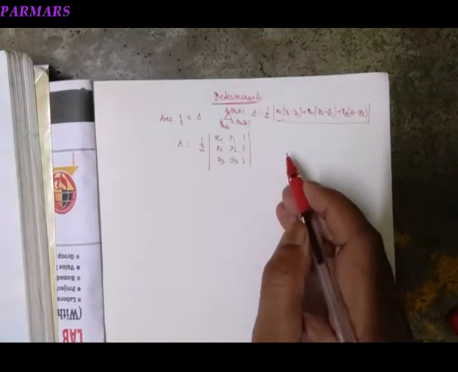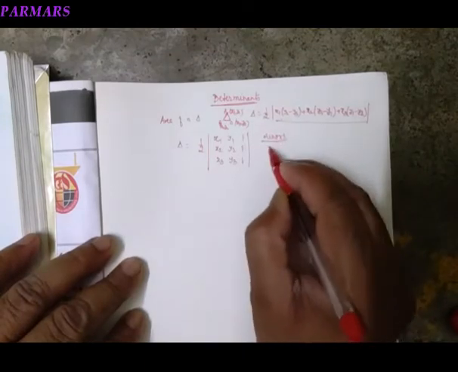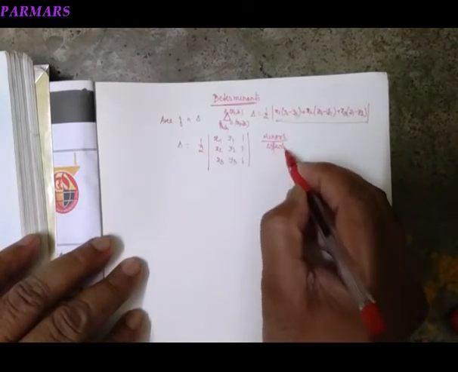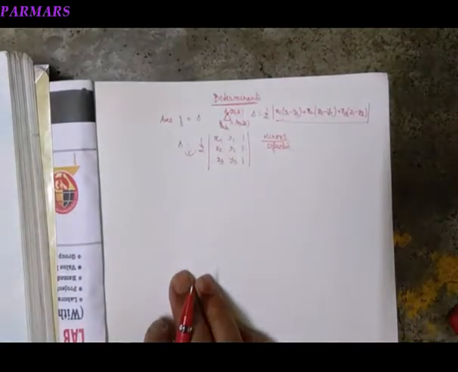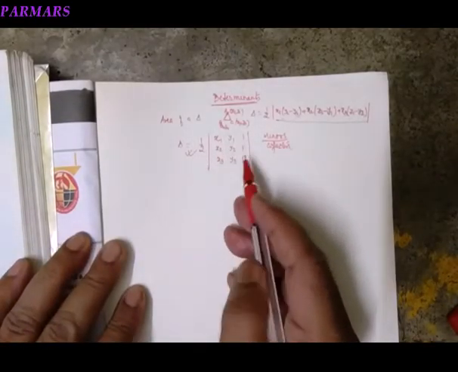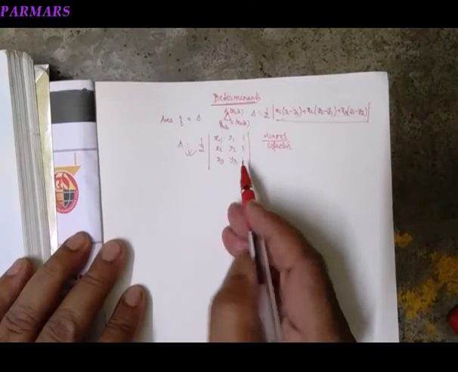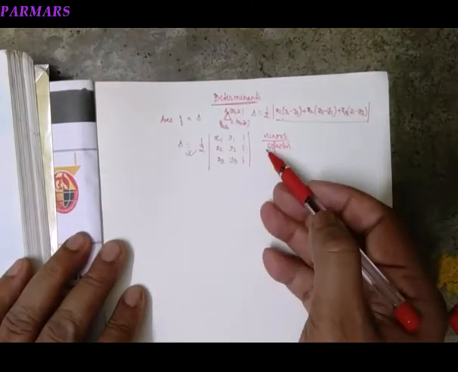Then I had told you about finding minors and cofactors. So here I am leaving you to find the area of the triangle. This is in exercise 4.3, and certainly there will be some points with unknown quantities. Prove for what value of k the points are collinear.